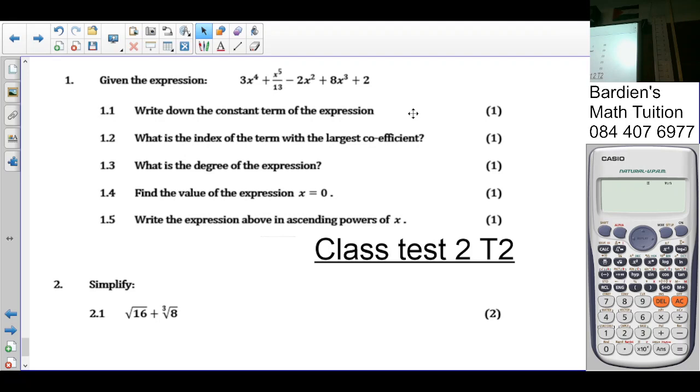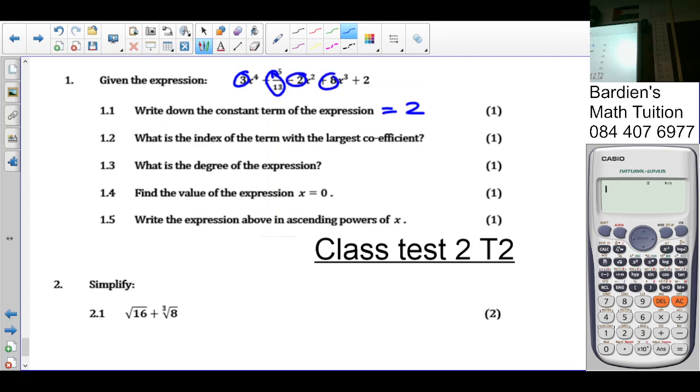So what's the constant term here? 2. You don't have to put plus 2, but you can, no problem. However, if there's a negative, the negative must be written down. 1.2. What is the index of the term with the largest coefficient? So the largest coefficient here is 3, that's a 1 over 13, sorry. This is negative 2. That is 8.